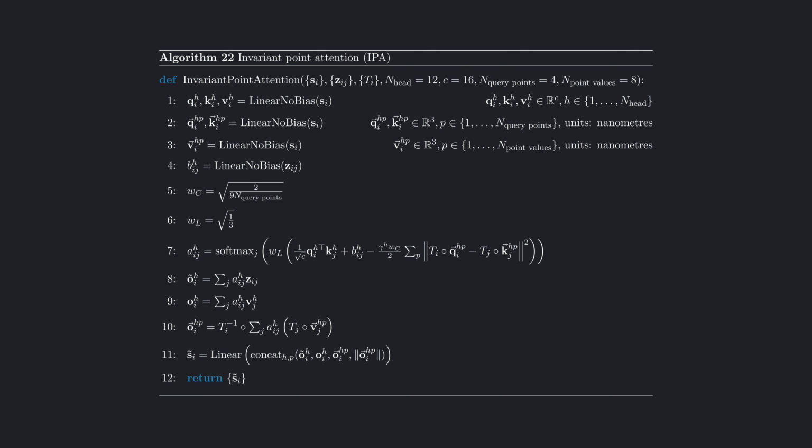After the attention weights are calculated, AlphaFold creates three different attention outputs from the attention weights. The first one is produced by multiplying the attention weights with the pair representation pointwise, then summing the values up along the key dimension. The second is the typical attention output, multiplying the attention weights with the corresponding value vectors, then summing them up. And the third uses three-dimensional points as values.